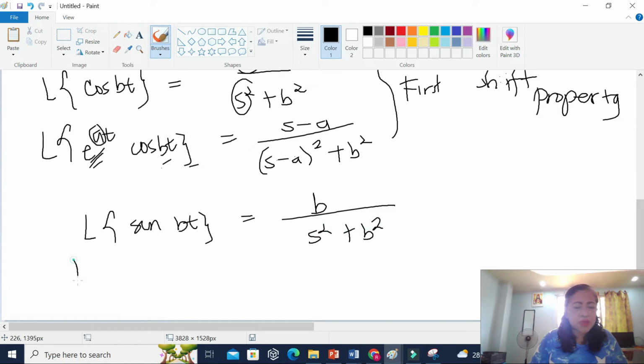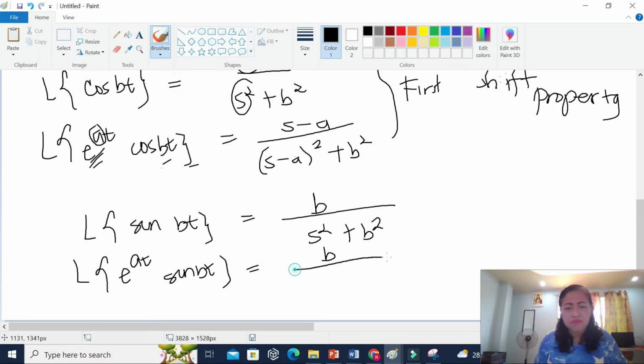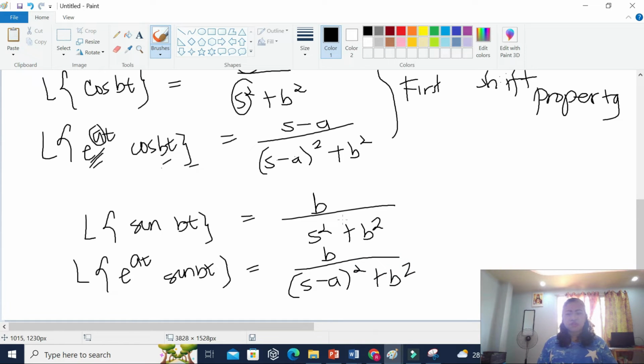If you multiply that by E to the AT sine of BT, that should be equal to B over (S minus A) squared plus B squared. So that is the first shift property.